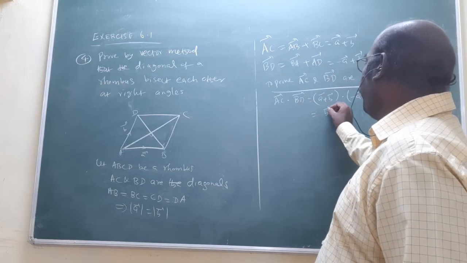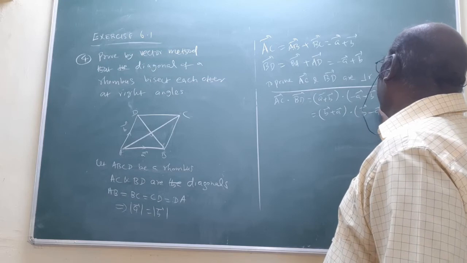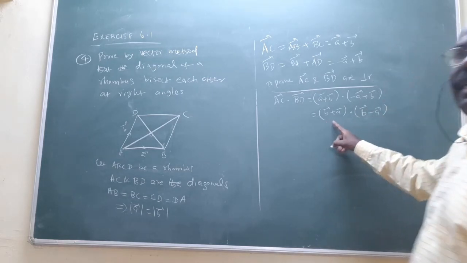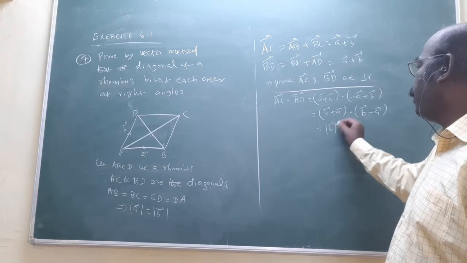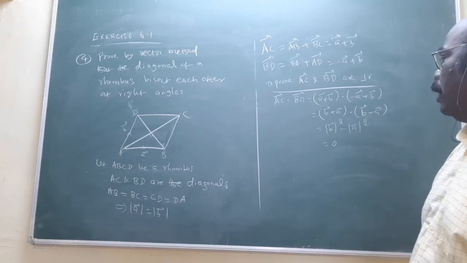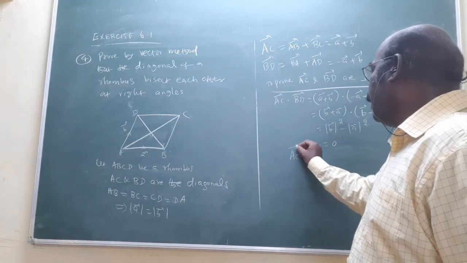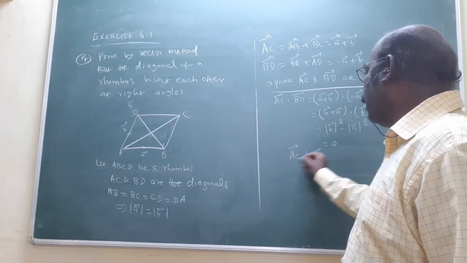This can be b plus a, dot b minus a. Now, b plus a dot b minus a, what is the formula? Modulus of b square minus modulus of a square. Therefore, this is 0. Therefore, AC and BD are perpendicular. First answer.